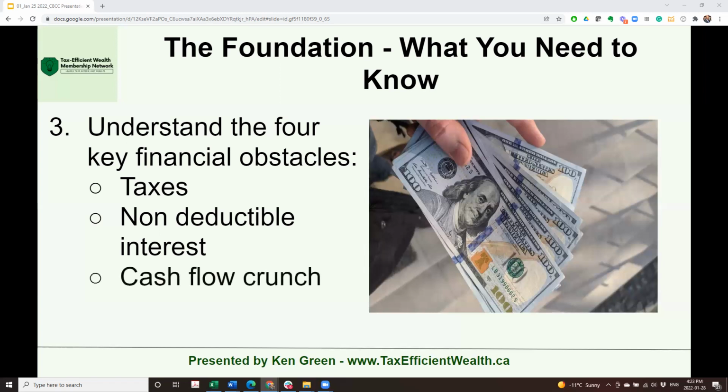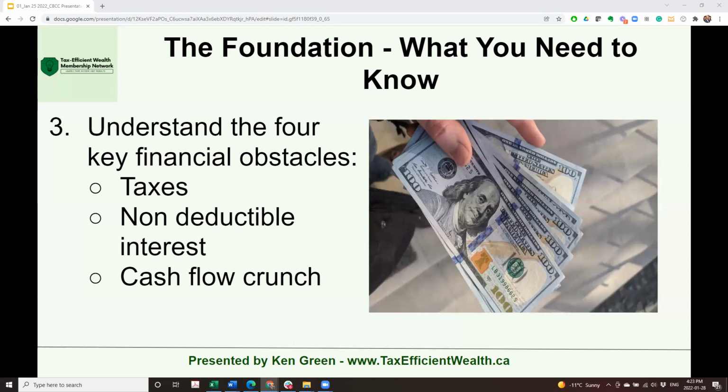The third point I want to talk about is the cash flow crunch that we all experience. So this happens obviously when our household spending is rising to match our income, what I referred to earlier as the lifestyle inflation. And so this is a trap we all fall into. It's easy to get caught up in lifestyle inflation.